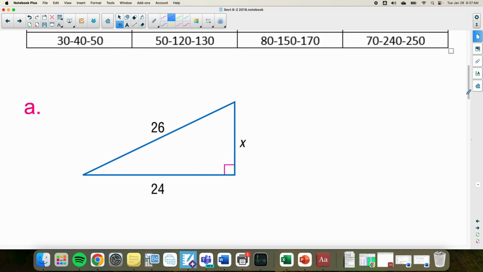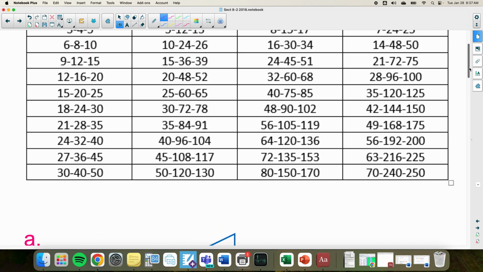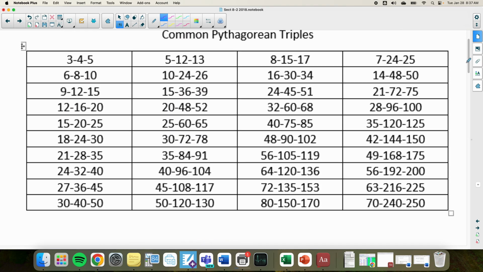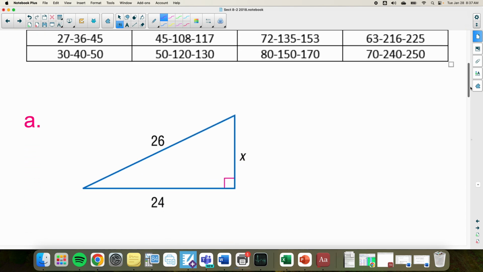Here's our first problem. So again, on these, we don't have to show any work. They're telling me the biggest one is 26. So the one that has the biggest one that's 26 is this. So let's see if that works. It's a 10, 24, 26. So shouldn't this be 10 then? And that's all you have to do.